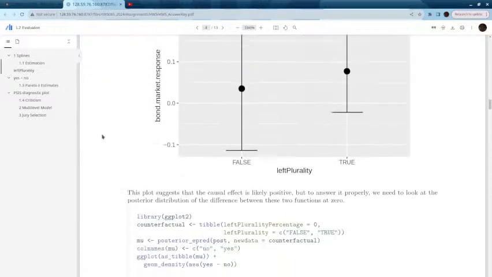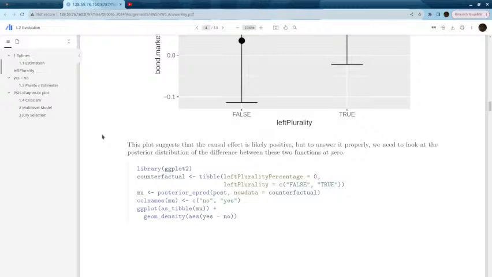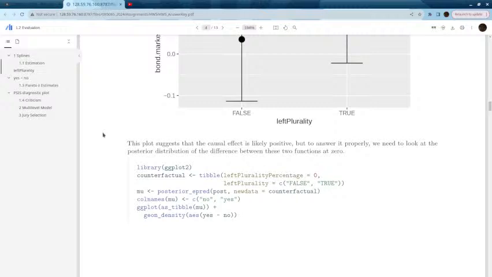But like I said, this plot here, in order to really do the analysis that is along the lines of what's in the paper, you need to call posterior EPRED with a tibble that has two columns.